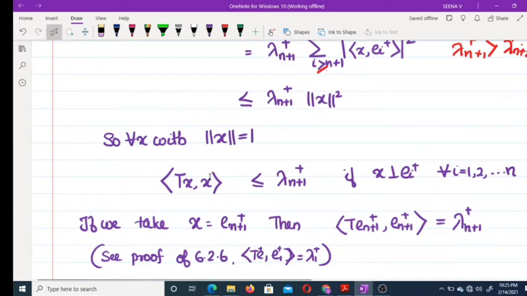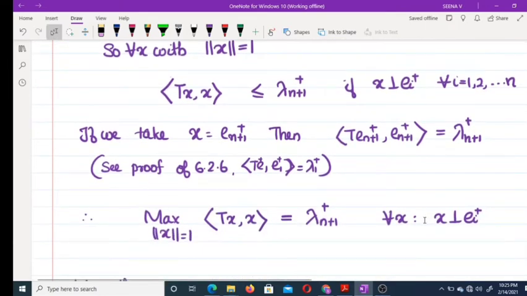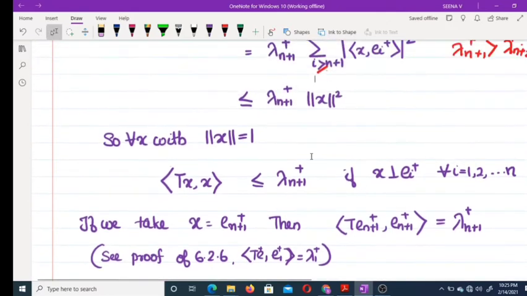So if we take x equal to e_{n+1} plus, then what we will get? The inner product of T e_{n+1}, e_{n+1} plus is equal to lambda n plus 1 plus. Okay, just to go through the proof of 6.2.6.